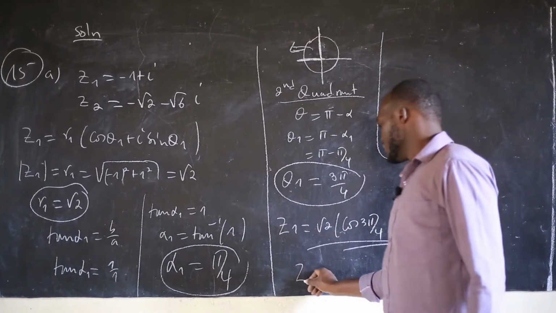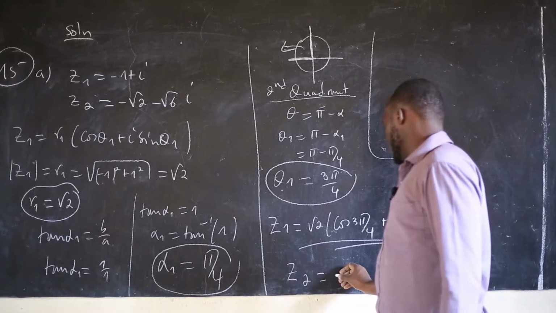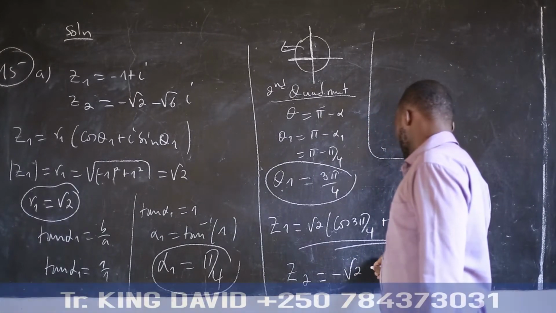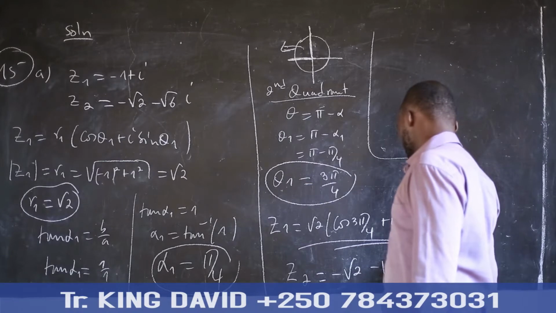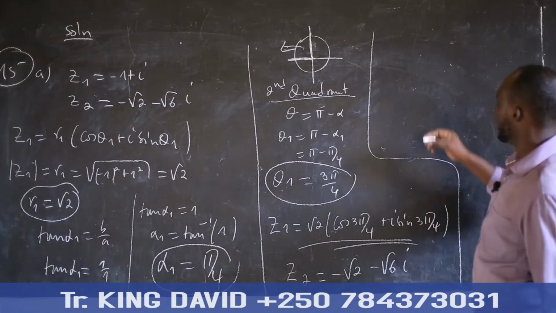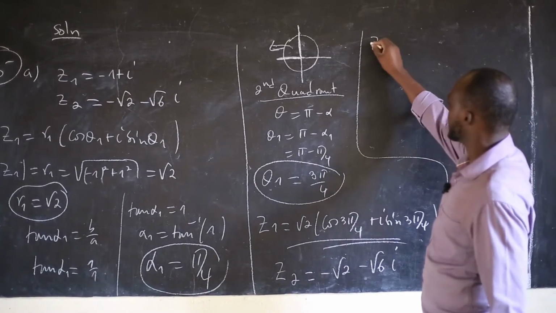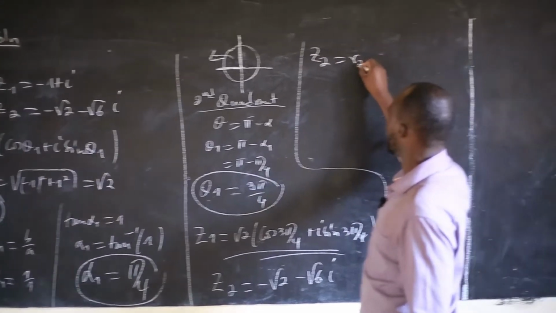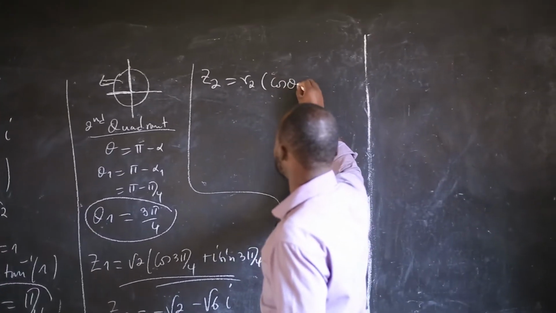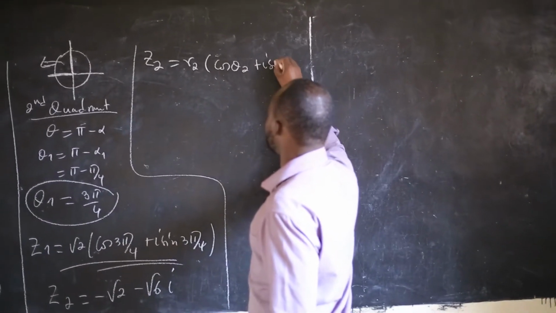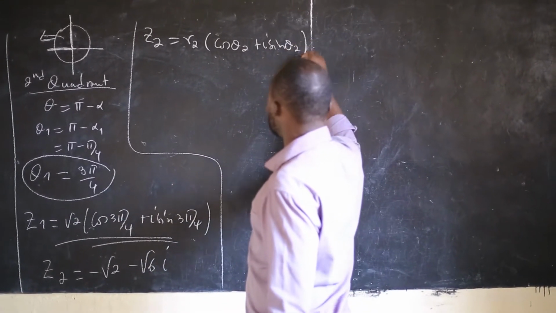z2, if you remember, equals negative root 2 minus root 6i. So we need also to express this algebraic form into polar form. So z2 will be equal to r2 into bracket cos angle 2 plus i sin angle 2.